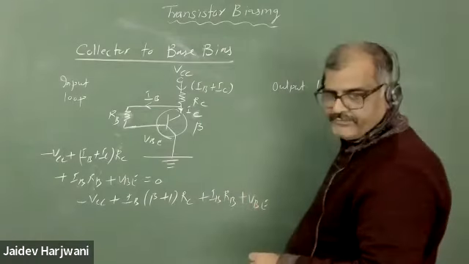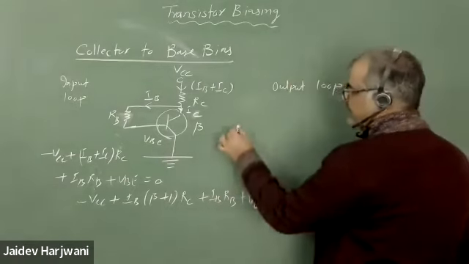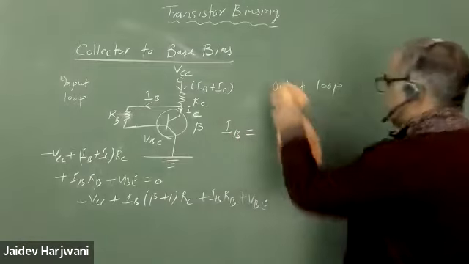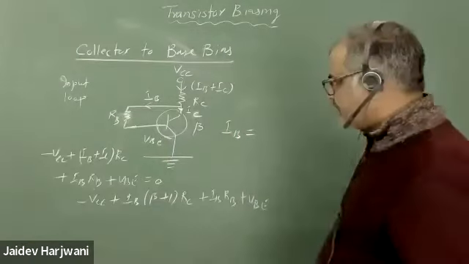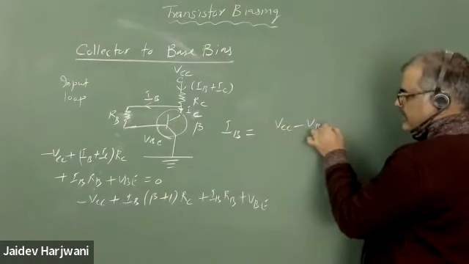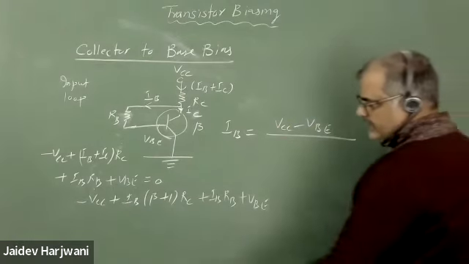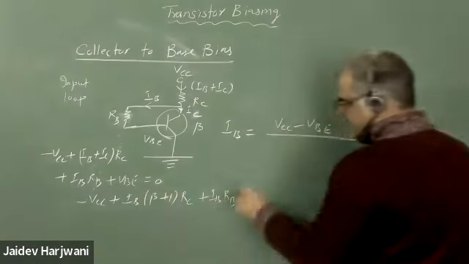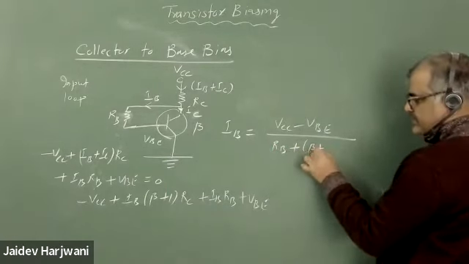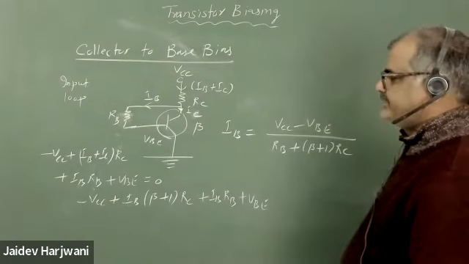Okay. So you can simplify this one, and you want to calculate IB. So your IB will be what? VCC minus VB. Then if you take IB common, here is RB plus (beta plus 1) RC. Okay. Is it fine now?